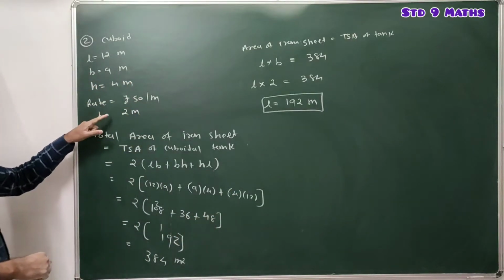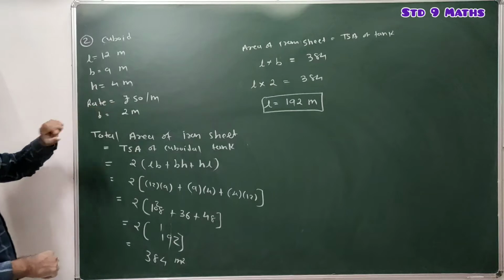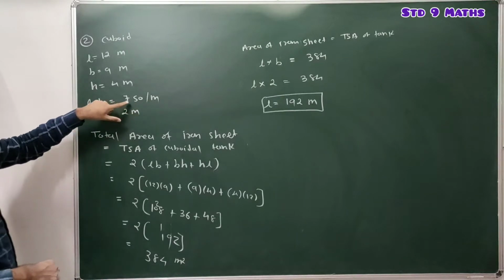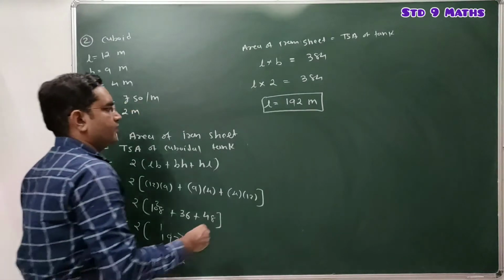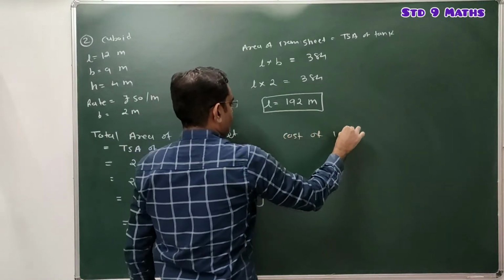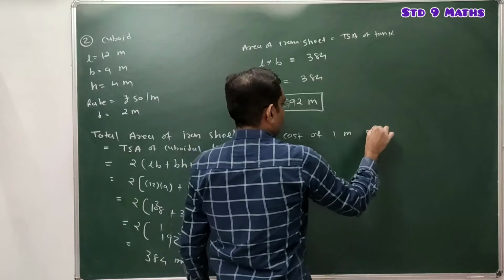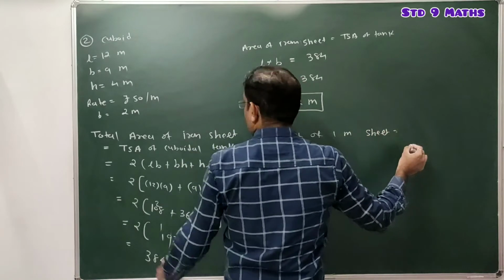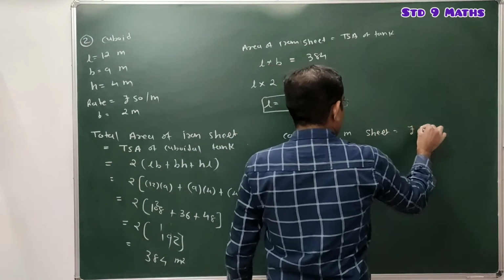Now the cost of this iron sheet is based on the length of this iron sheet, which is 50 rupees per meter. So here the cost of 1 meter of sheet, which is 2 meter in breadth, is 50 rupees.